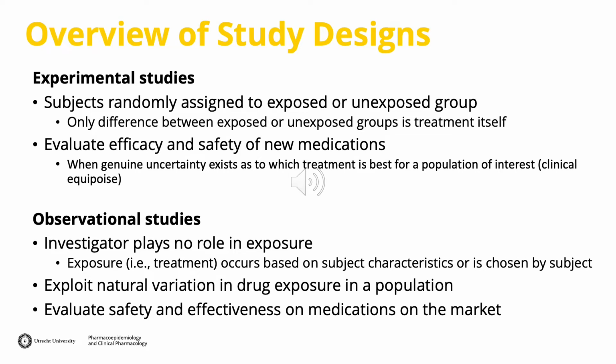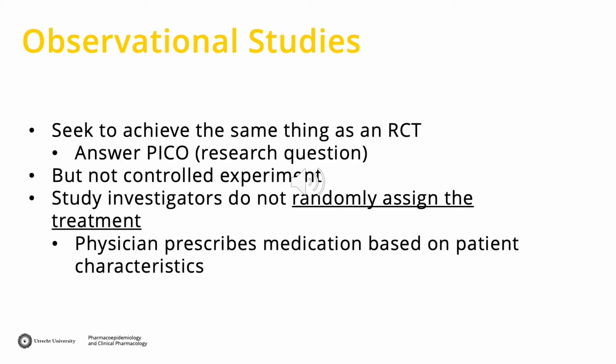So observational studies, therefore, exploit this natural variation in drug exposure in a population in order to evaluate the safety and effectiveness of medications that are currently on the market. So overall, it's important to keep in mind that observational studies seek to achieve the same thing as a randomized controlled trial.